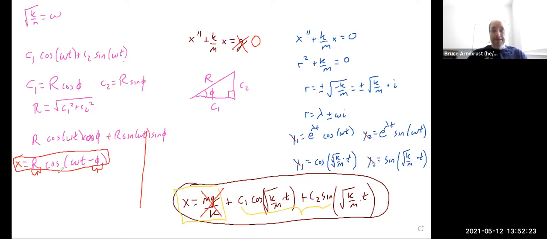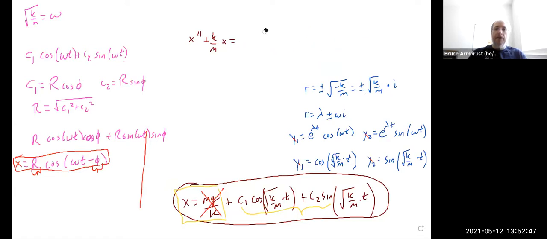All right, now, what if though it's non-homogeneous, but not just because of gravity? So let's change our perspective on this a little bit. Let's make this so that it's not equal to 0 and it's not equal to g, but it's actually equal to something else.